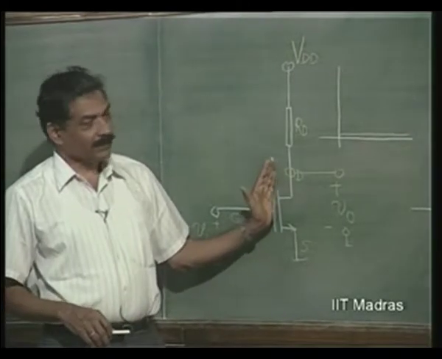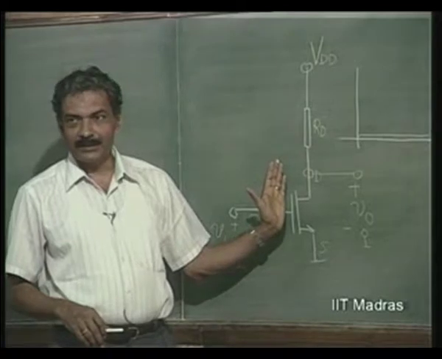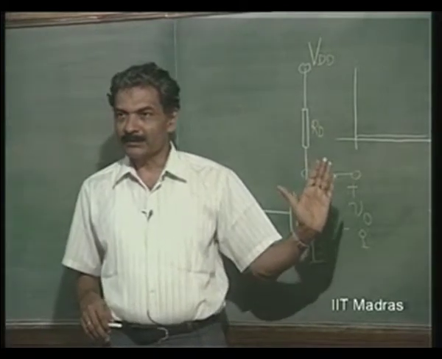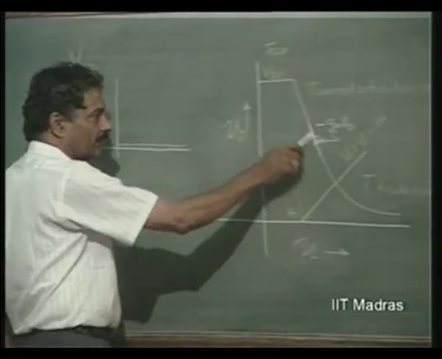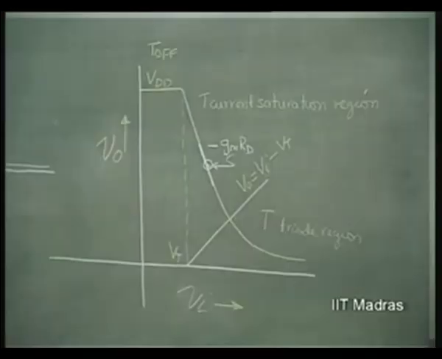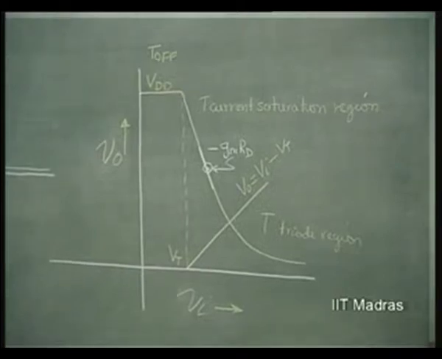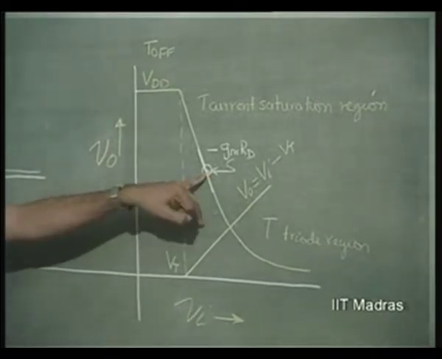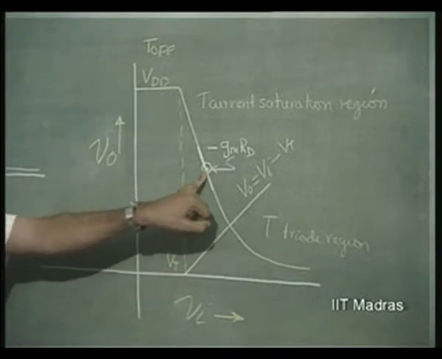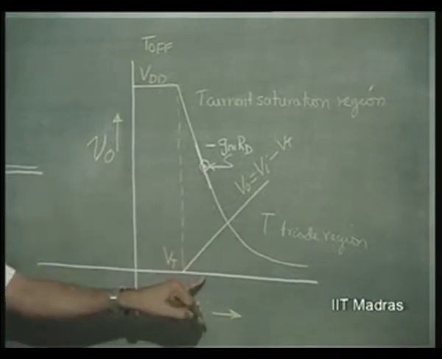and therefore the equation to be satisfied is that Ids is equal to k times (Vgs minus Vt) whole squared, and using that information we could get the slope of this characteristic as minus Gm into Rd, where Gm was equal to 2k into (Vgs minus Vt), Vgs being Vgsq, the quiescent voltage here, which is Vgsq or Viq.